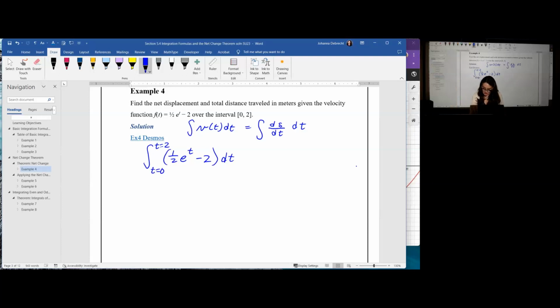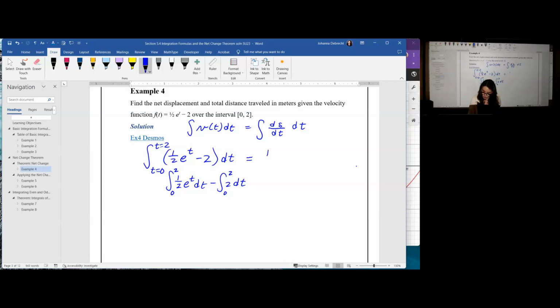So when we look at this and we want to integrate, remember that we can split this and think of this as two integrals, the integral of 1/2 e^t dt minus the integral of 2 dt. The 1/2 and the 2 are constant factors which can be pulled to the front. Both of these would be evaluated between 0 and 2.